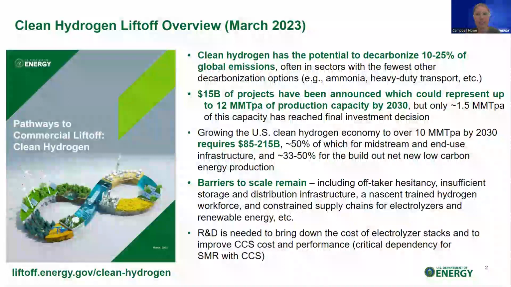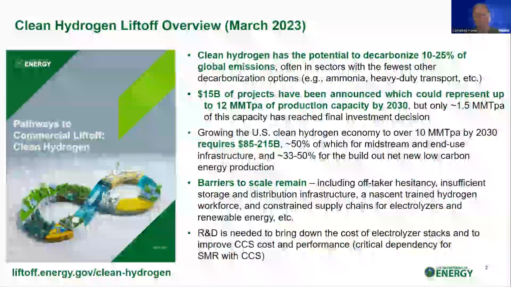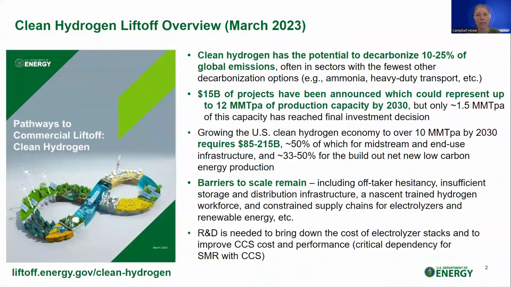As Daniella mentioned, we published the Clean Hydrogen Liftoff Report last spring, so March of 2023. In that report, we had concluded that clean hydrogen has the potential to decarbonize between 10 and 25% of global emissions, especially in hard to decarbonize sectors like heavy duty transport. Last year, we had seen that there were about 12 megatons of announced capacity here in the US, with about 1.5 megatons at the FID or later stages in the project development pipeline.